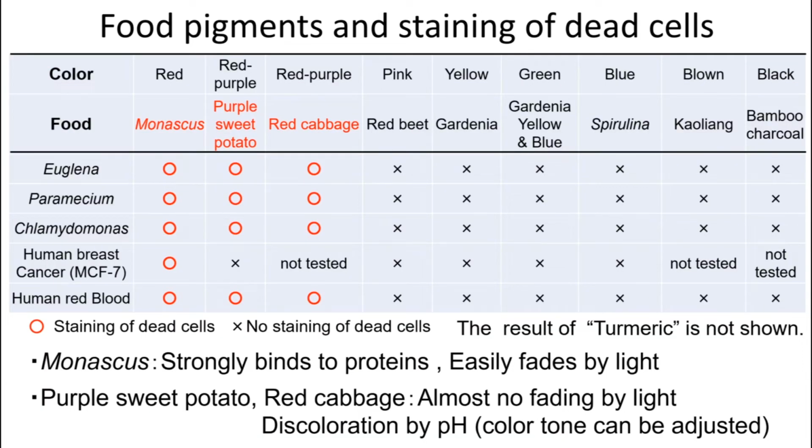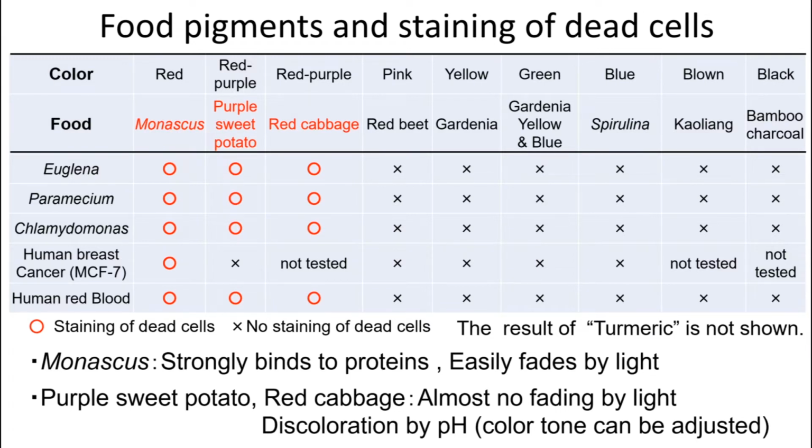We examined 10 typical natural food pigments to find monascus and anthocyanin pigment, purple sweet potato, and red cabbage work as a good non-invasive viability indicator of DET for green alga Euglena, protozoa paramecium, human breast cancer MCF-7, among other cells.